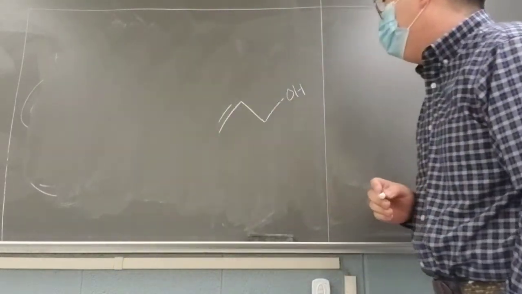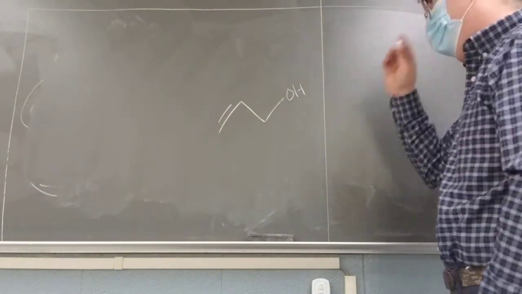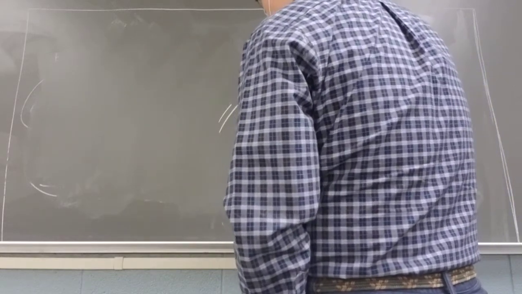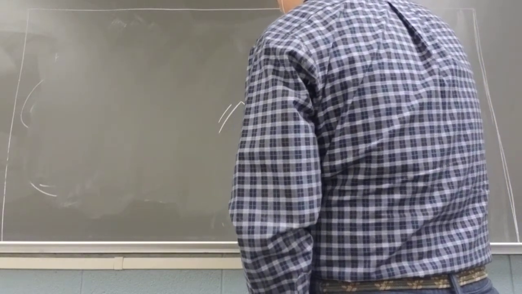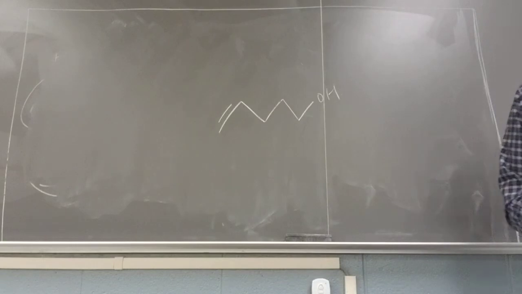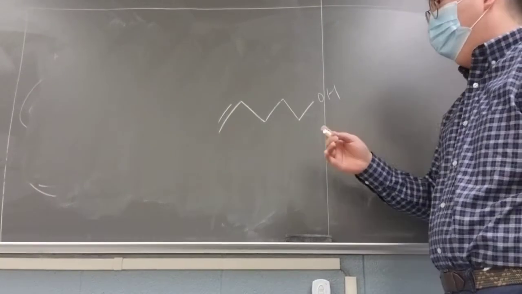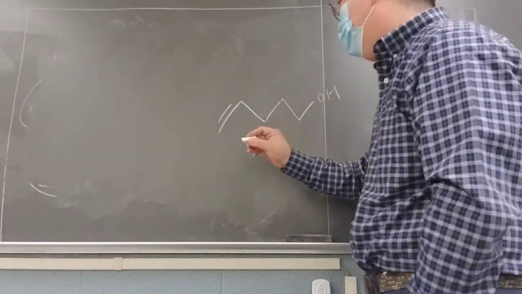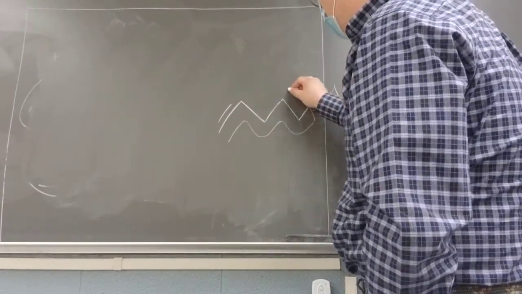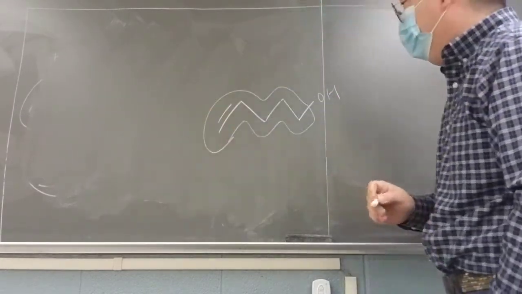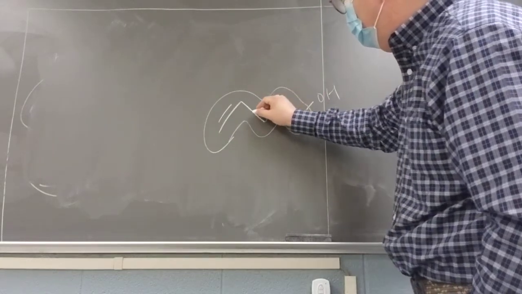If you have this one over here, let's try to name it. Here's the thing. Whenever you do the nomenclature, once again, finding the longest carbon chain is the most important thing. It's over here. So this will be 1, 2, 3, 4, 5.